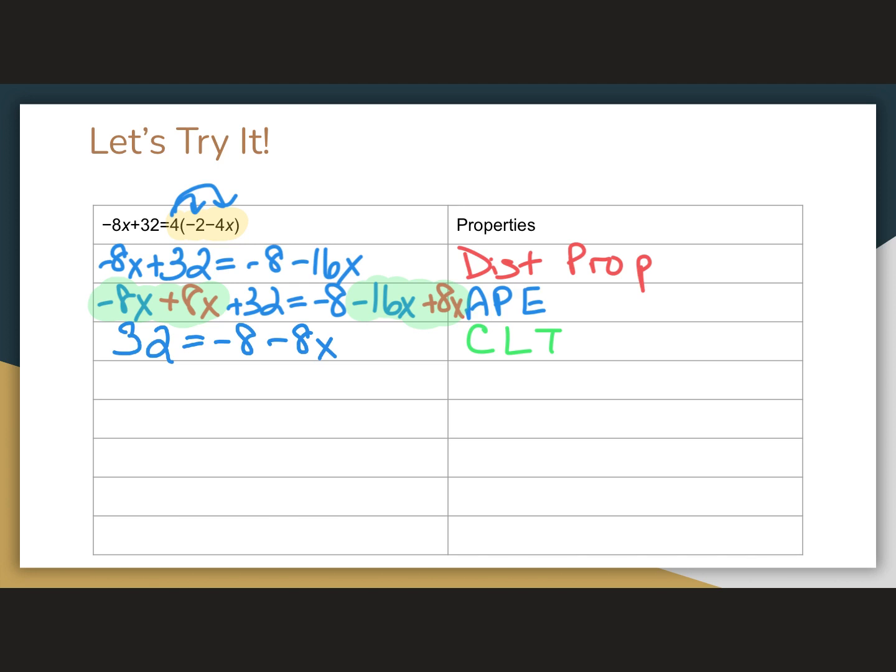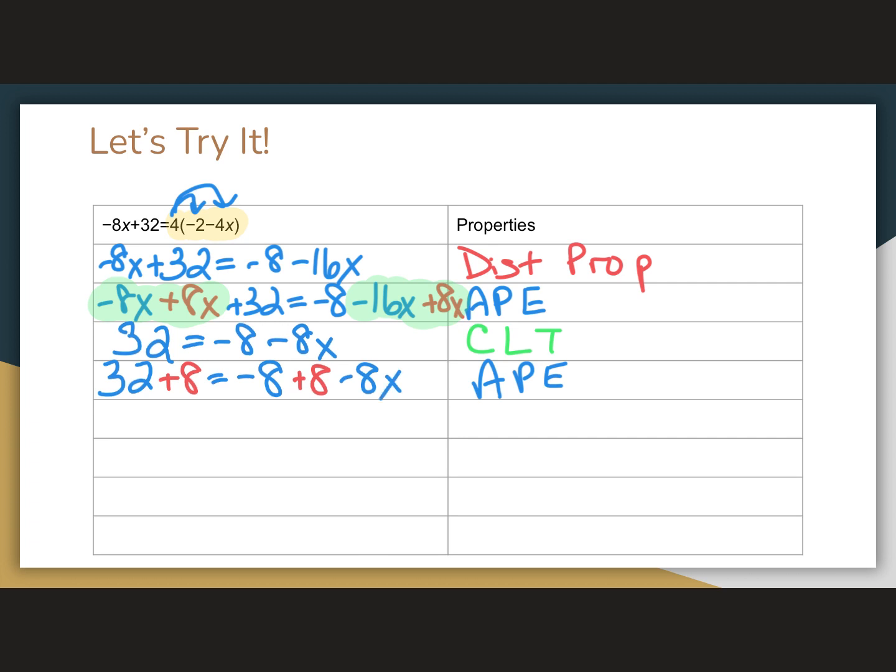So my next step, again, I'm going to use my addition property of equality. This time I'm going to add 8 to both sides. So I have 32 plus 8 equals negative 8 plus 8 minus 8x.